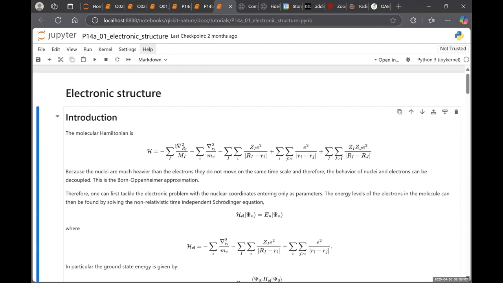So usually there's maybe a factor of 2 connected to the kinetic energy for ions or nuclei, and electrons and nuclei are interacting with Coulomb force, and electrons are also interacting among themselves, and then this is the Coulomb interaction among the nuclei.